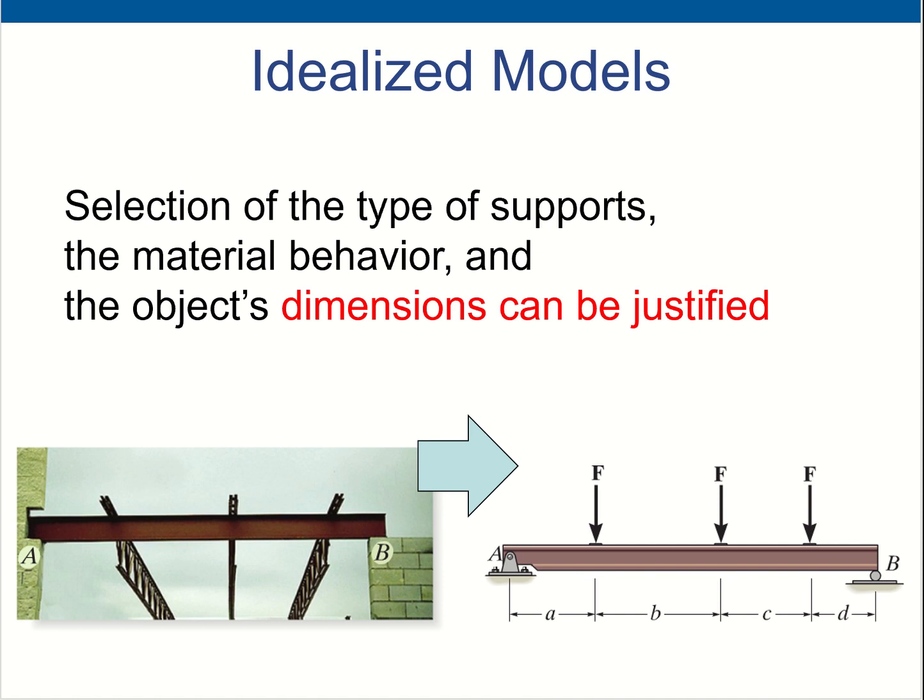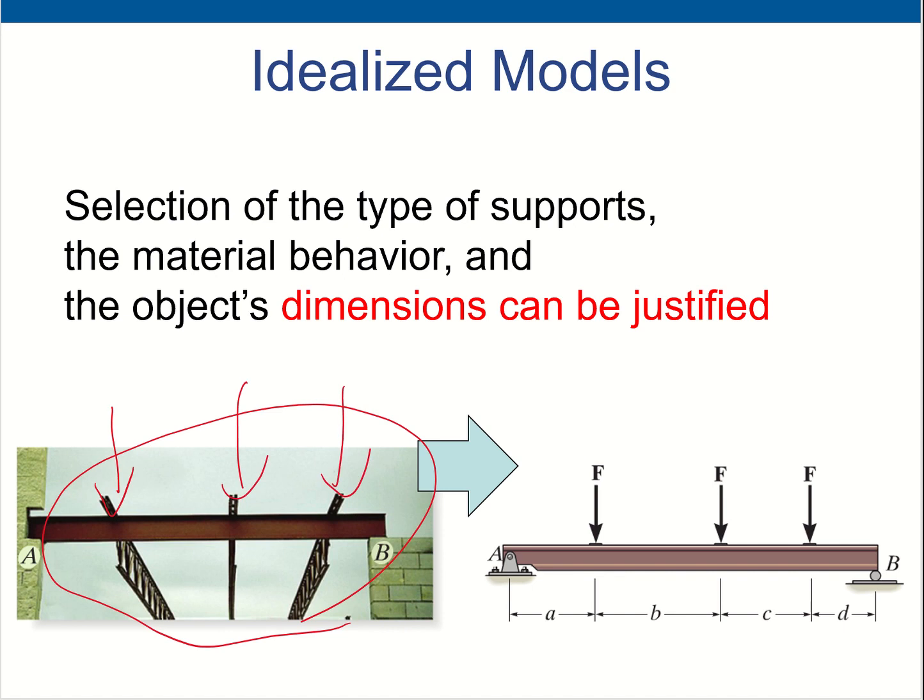Before we draw the free body diagram, you have to express all the dimensions. So we have these examples. We have a beam, and there are three ladders on the beam, and there should be some external forces by the weight of the ladders. And we can express at the corner, this is the pin joint.